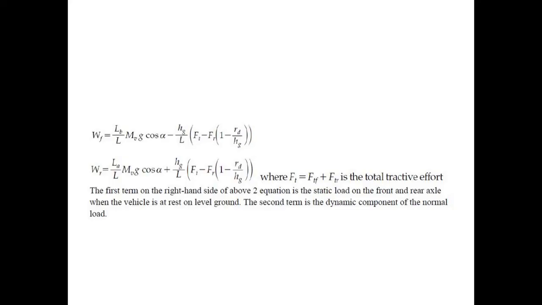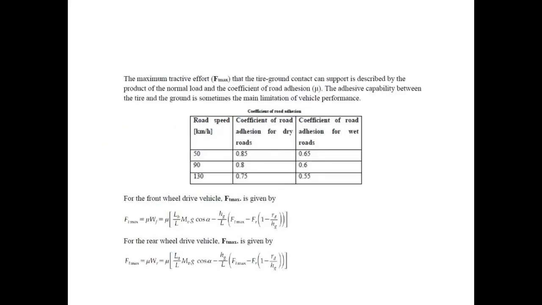The first term on the right hand side of the above two equations represents the static load on the front and rear axle when the vehicle is at rest on level ground. The second term is the dynamic component of the normal load. The maximum tractive effort that the ground and tire can support is described by the product of normal load and coefficient of adhesion, that is mu into Wf and mu into Wr.